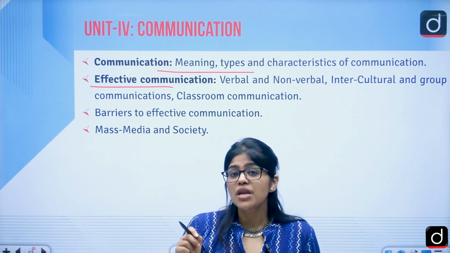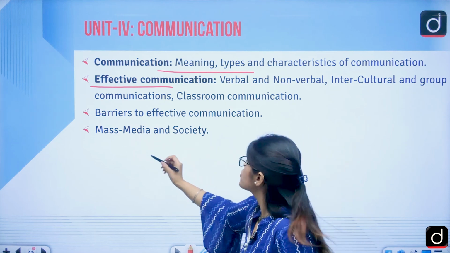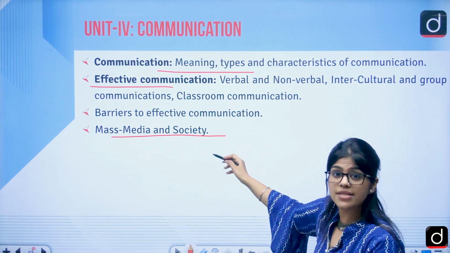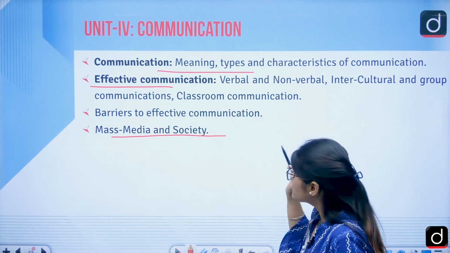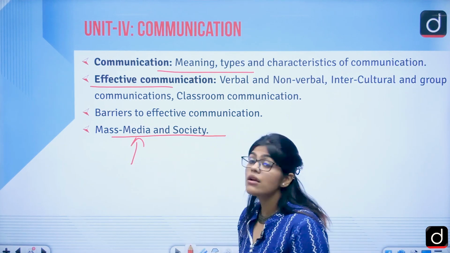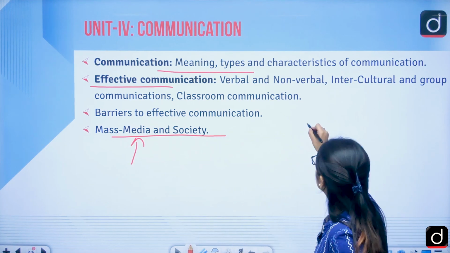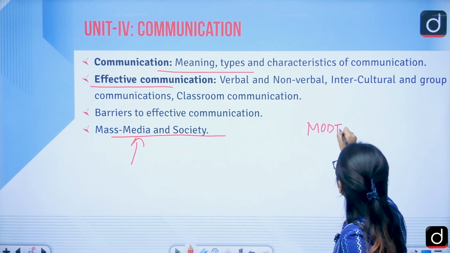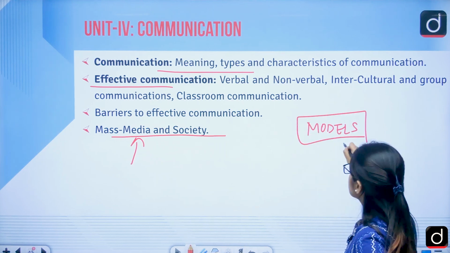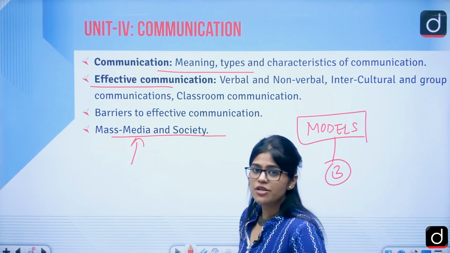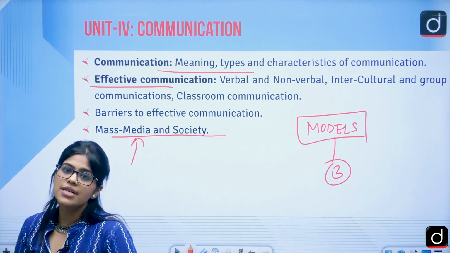Mass communication, they ask a lot of questions from, on mass media, society and mass communication. Theories of mass media are also asked. In fact, models of communication. So we have 3 models of communication. That is also asked in the exam.